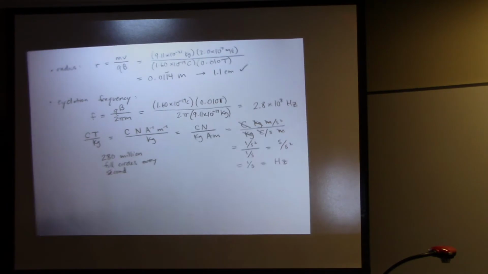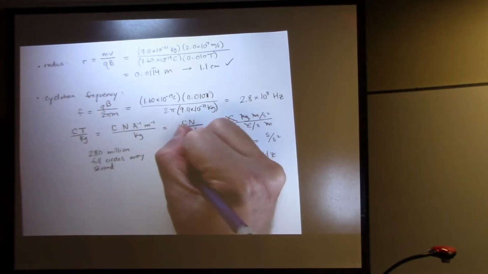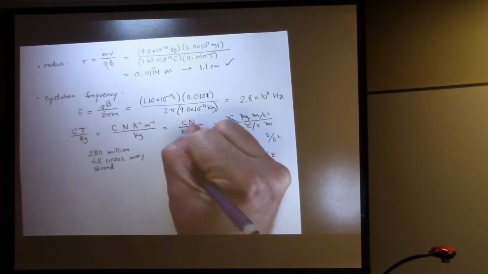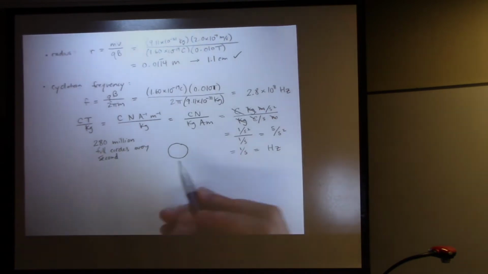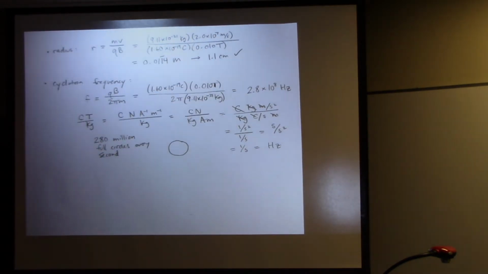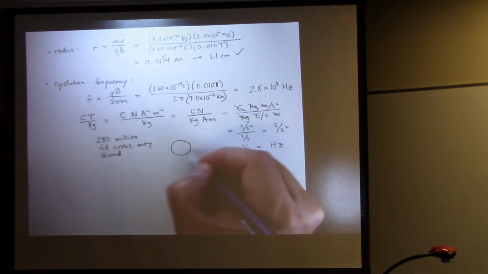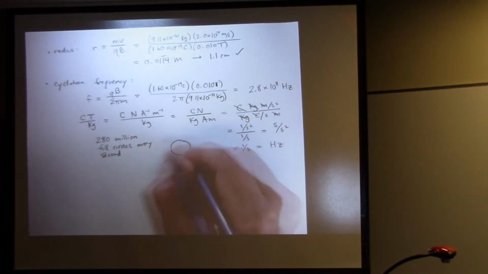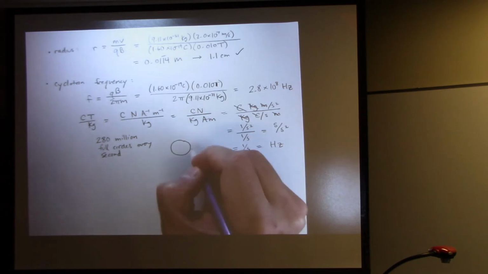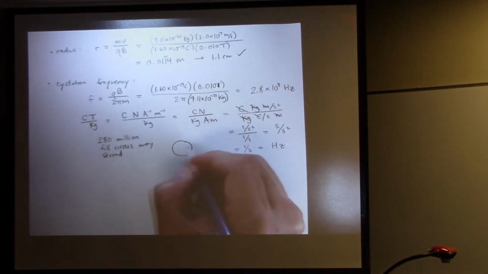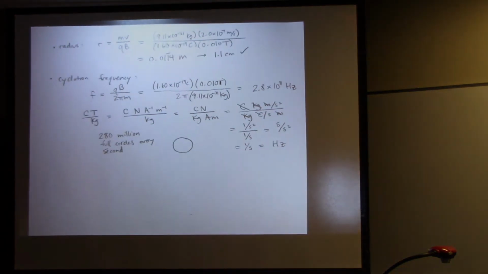So this is kind of amazing. The electron is moving in a tiny little circle. The radius is about a centimeter. Probably not too different from what I just drew. But it's moving so fast that it completes 280 million full circles every second. So imagine something moving in this circle going around 280 million times every second that passes. That's what's going on here.